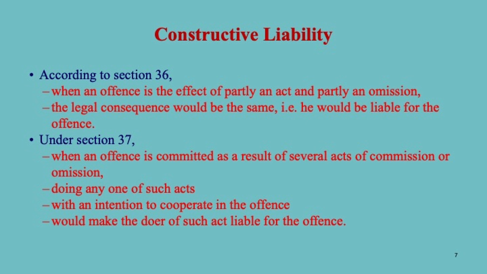Z was an inmate of the jail. A, B, C and D, with an intent to cause the death of Z, cooperated and omitted to provide food to Z in their respective shifts. Z died of hunger. Here, all the 4 are guilty of murder of Z.